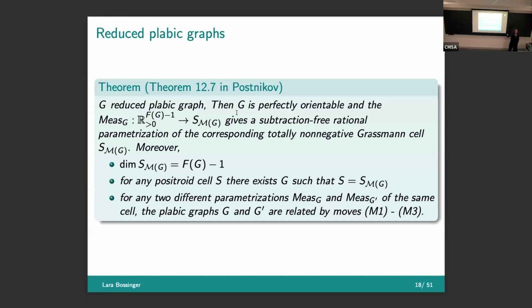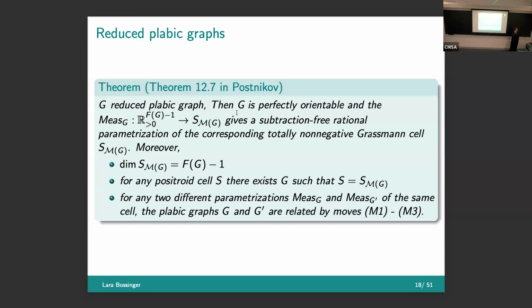The totally positive Grassmannian is one cell in the totally non-negative Grassmannian. If you want to just know about the totally positive Grassmannian, you have to study just maximal plabic graphs, with the maximum number of faces, and so on. But this result includes all cells, all dimensions.